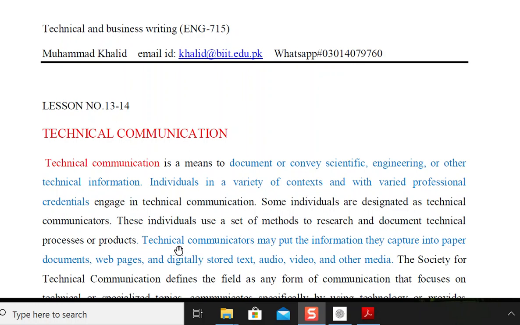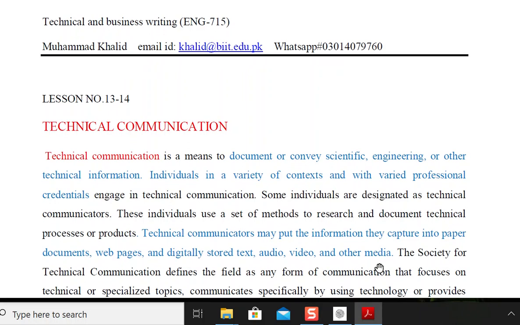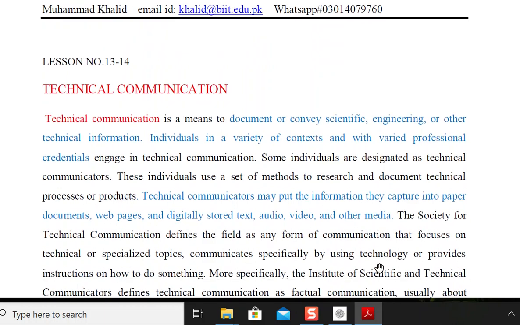Fine. Other words are technical communicators may put the information they capture into paper, web page, and digitally stored text, audio, video, and other media.